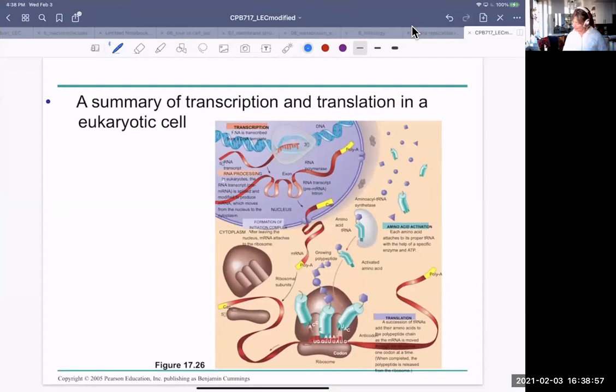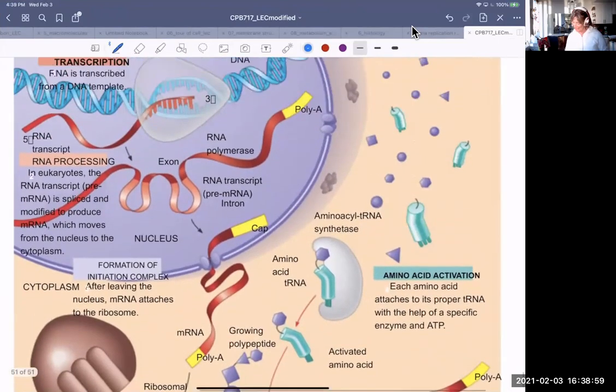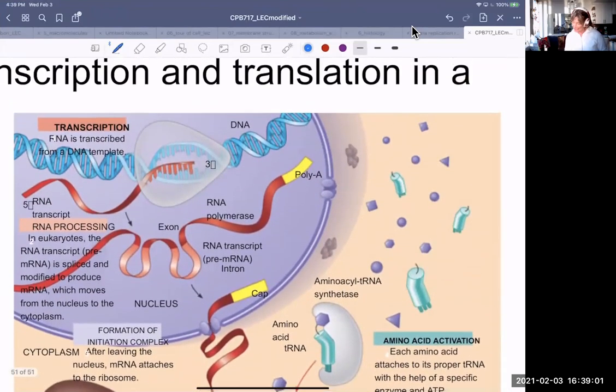So there's a summary of it all. Transcription, which is happening in the nucleus. Here's your messenger RNA being formed. Processing, where some of your introns are snipped out.